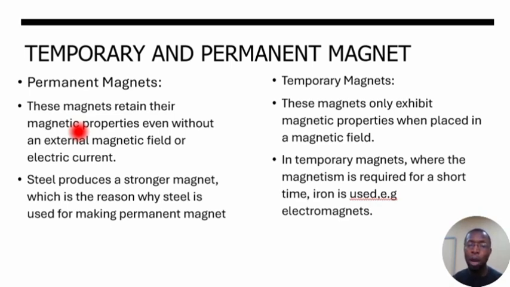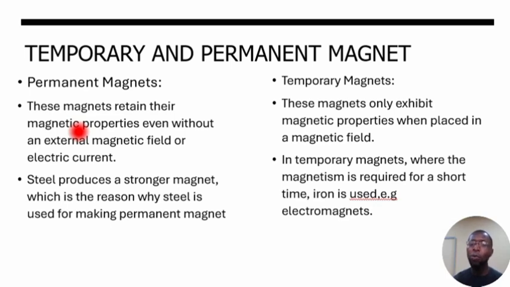That's how you know a permanent magnet. The material for making a permanent magnet is steel, because steel produces a stronger magnet that maintains its magnetism even when there is no external magnetic field.